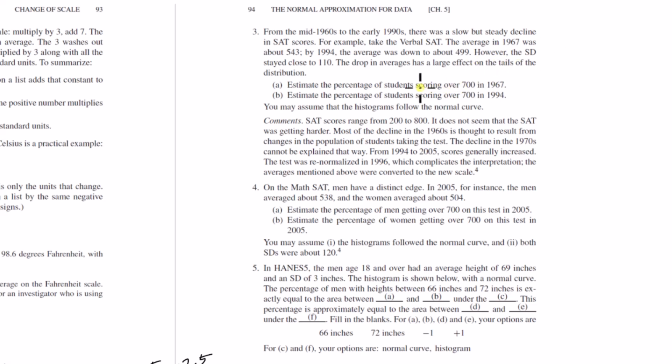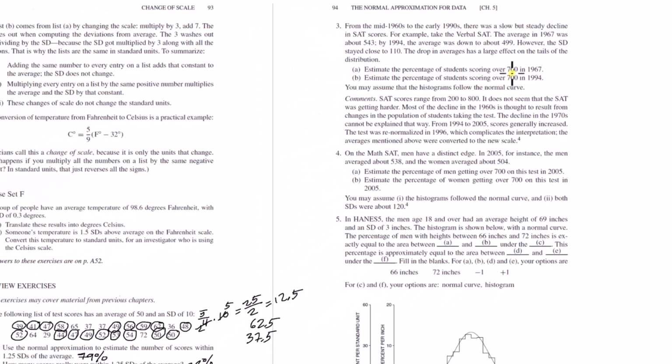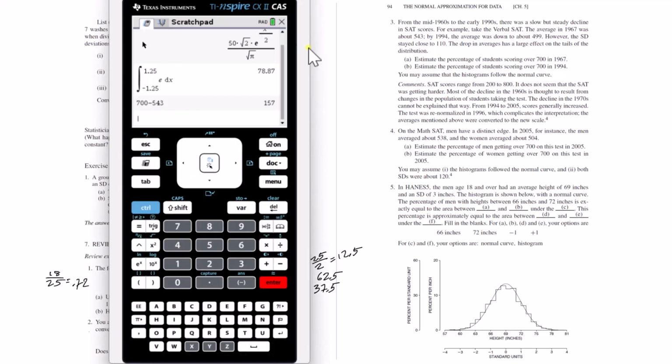So, okay, let's do this in 1967. The standard deviation is the same in both years. In 1967, how far above the average is 700? 157. Now, how many standard deviations is that?